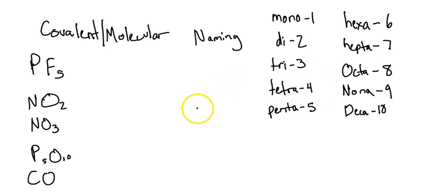So for example, when we're writing out PF5, we're going to call this phosphorus, then we go over here, we have fluorine, which we're going to put the suffix of "ide" on it, but we're going to use the prefix of penta because we have 5 fluorines inside of our compound of PF5.